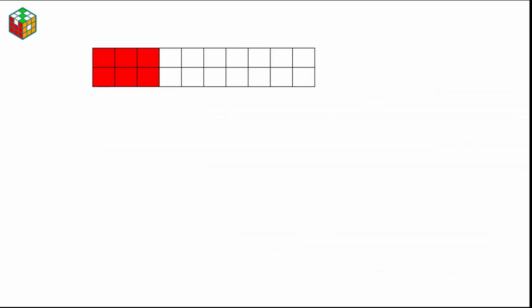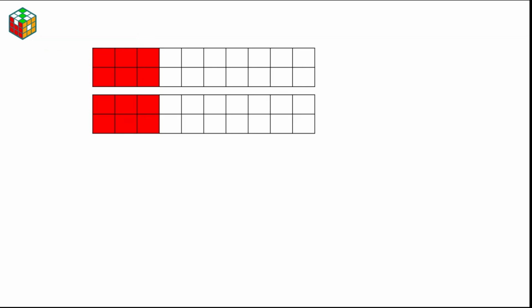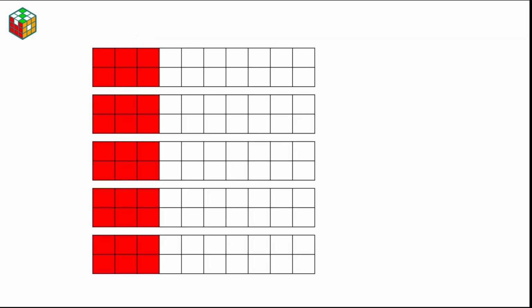This one, I don't have 100 grids. In each row is 10 boxes and 3 are colored. So here I got 3 out of 10. In total, I have 6 out of 20. I don't have the 100 grid to help me to write it as percentage or decimal. I only have the fraction. So what you need to do is make more, copy more.